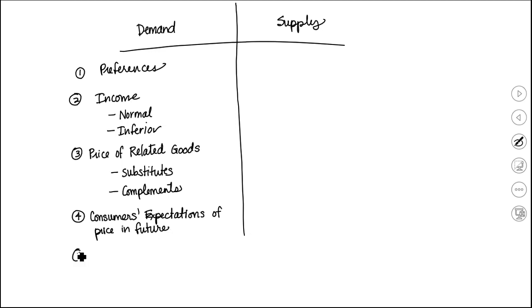And number 5, number of demanders. So guys, you have got to come up with a way to memorize those well enough so that you can list them, you could write them, and you're going to have to keep them distinguished from supply shifters, okay? All right, so next class period, supply.